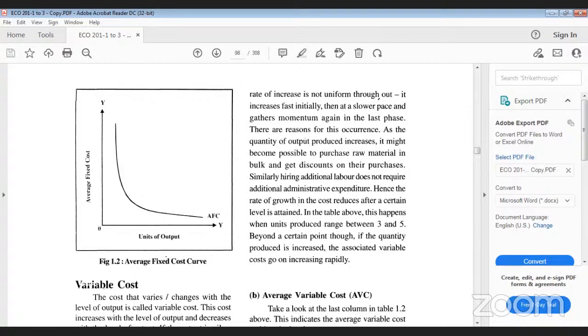Hence the rate of growth in the cost reduces after a certain level is attained. In the table above, this happens when units produced range between 3 and 5. Beyond a certain point, as the quantity produced is increased, the associated variable costs go on increasing rapidly.